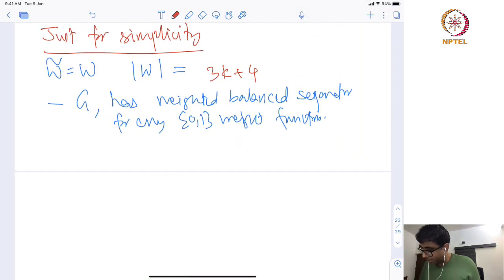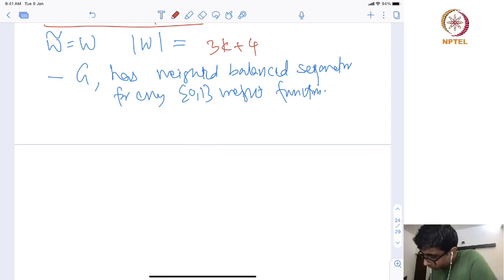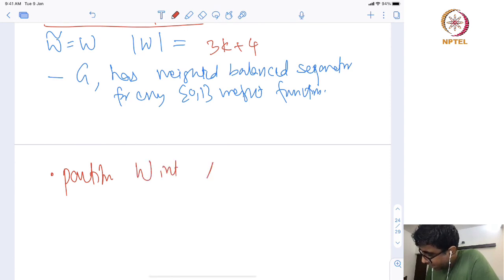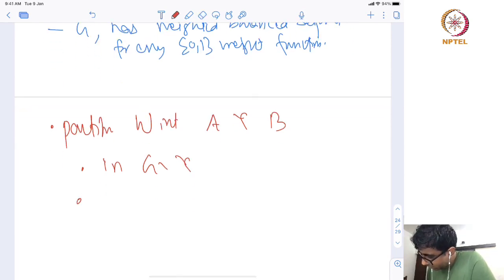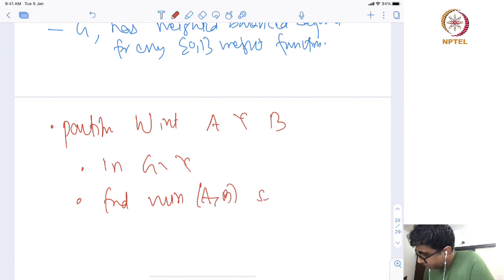This is the place where we will say, partition W into A, Y, B, and in G minus Y find a minimum separator, min A comma B separator.